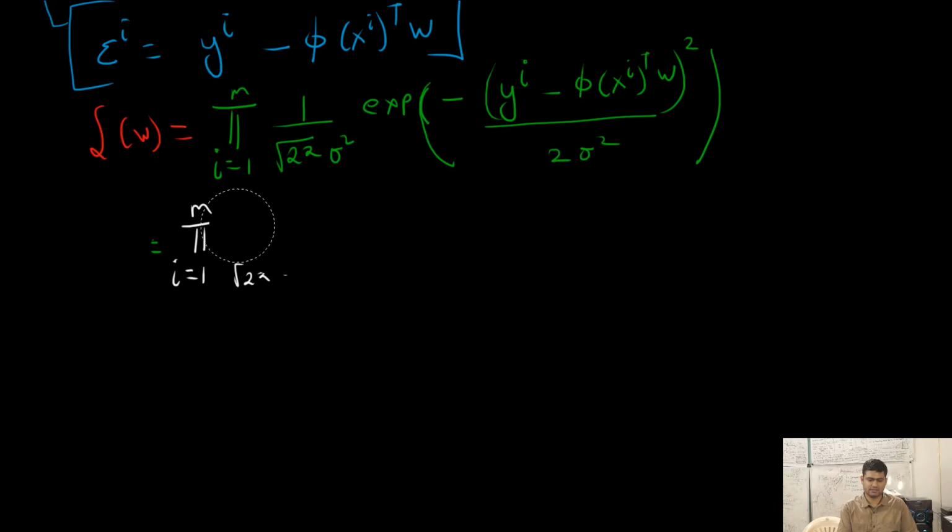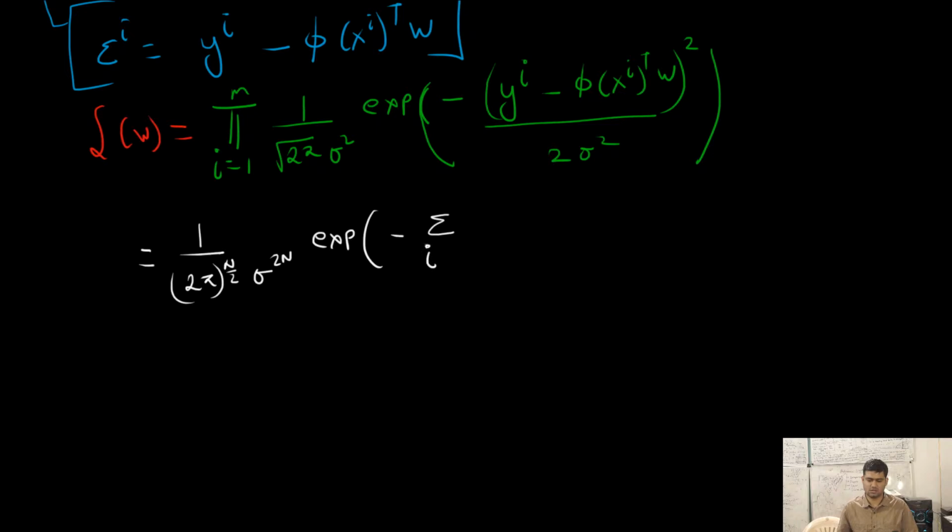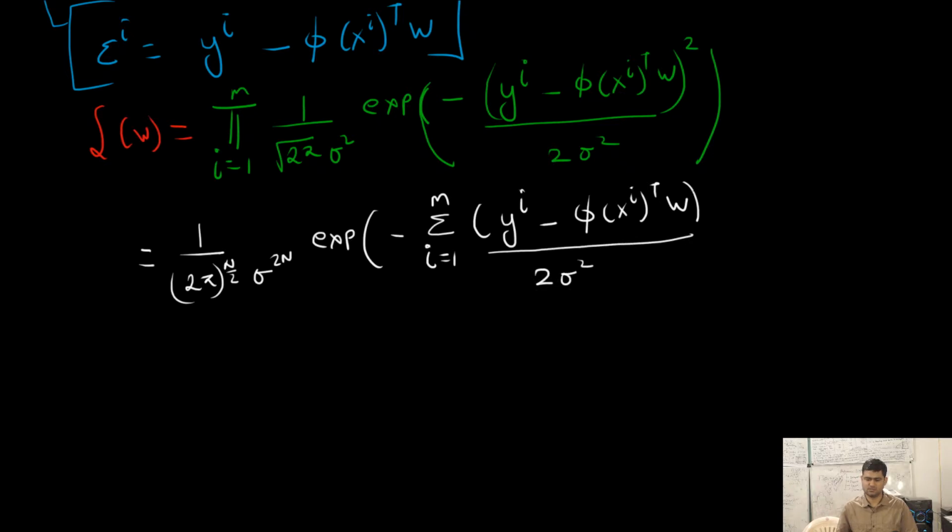We can rewrite this simply as 1 over 2 pi to the power n by 2 times sigma to the power 2n, times exponential of negative of the sum from i equal to 1 to n of yi minus phi of xi transpose times w, squared, over 2 sigma square.